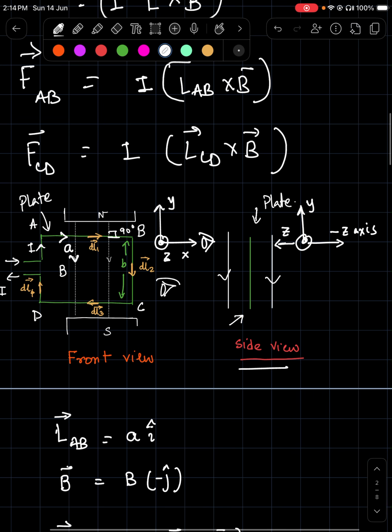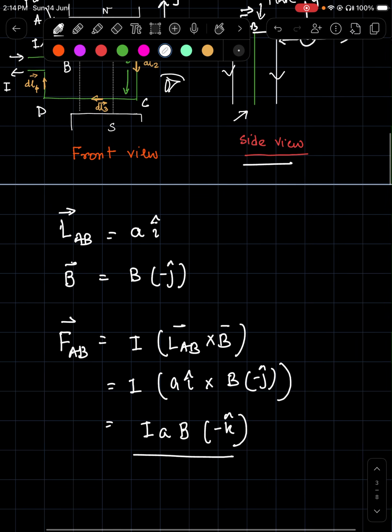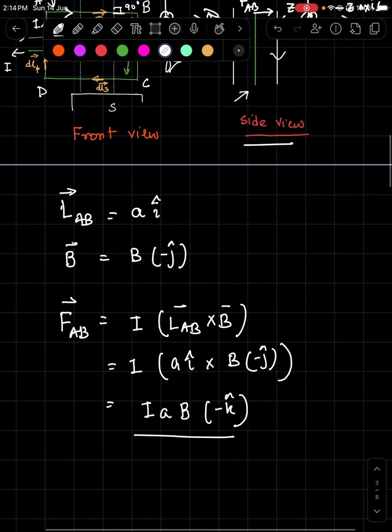So now we can see that the force we have already found, FAB, is along the negative z-axis. So it is done. And the magnitude we have already found, that is IAB.